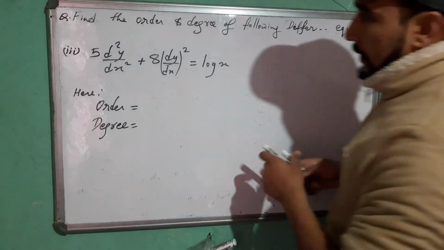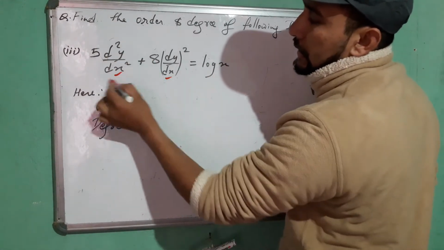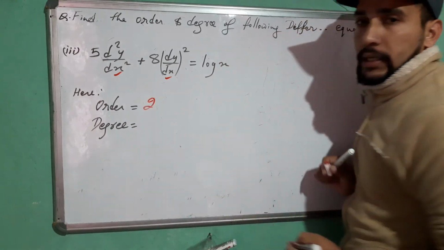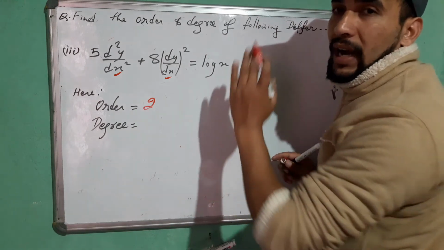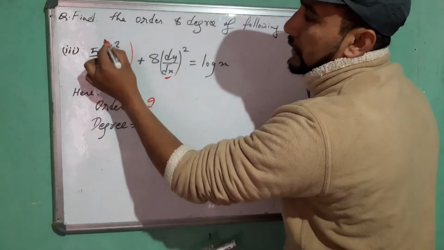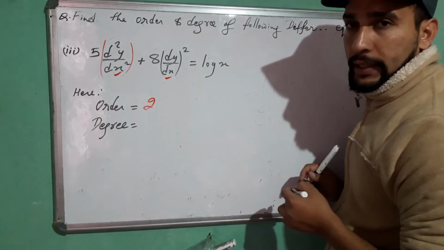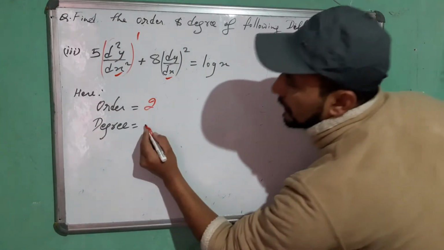Okay, so highest, here you have first order derivative, here you have second order, so which is highest? This is highest, so second order. Order is 2. And degree means the power of highest derivative, highest power of the highest derivative. So highest derivative is this d2y dx square, and in its power you have 1. Okay, so degree will be 1.